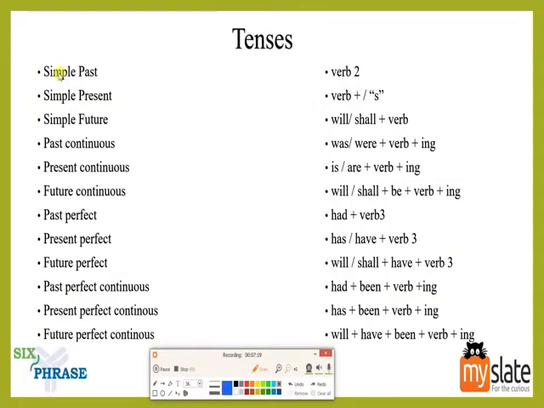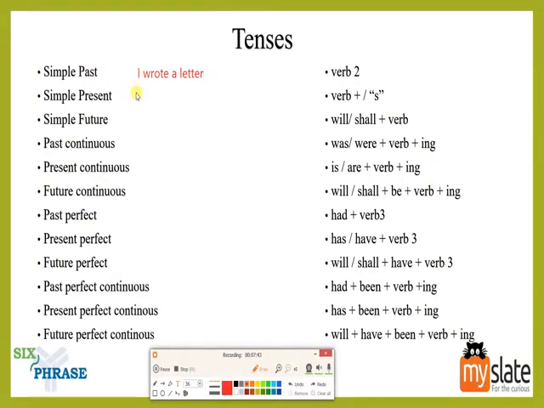For simple past, let's take a very simple example. I'll just write something like this, I hope this is visible. I wrote a letter. I'm using a red color, a contrasting color, therefore it will be easily visible for you guys. So this is the simple past, right?